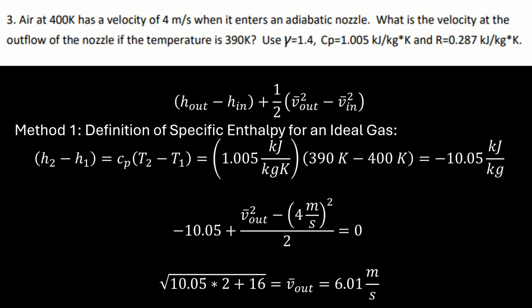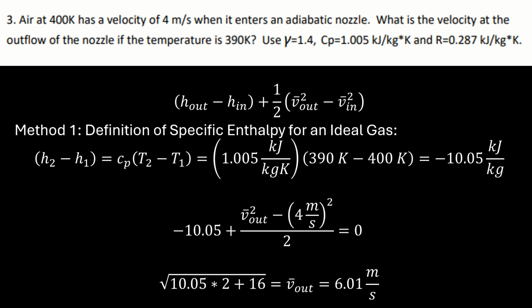Now, as far as units go, a kilojoule is a kilogram meter squared per second squared. So now we're just getting rid of the kilogram, and we're left with meters squared per second squared. To that negative 10.05 meters squared per second squared, we're going to add the average of our outflow velocity squared minus our inflow velocity, 4 meters per second, all that squared. And all that ends up equaling 0.